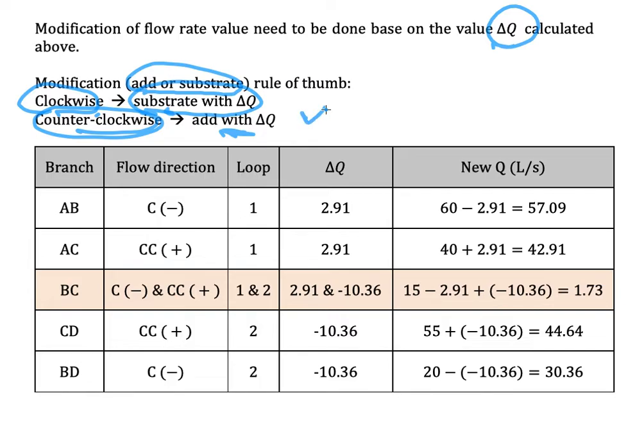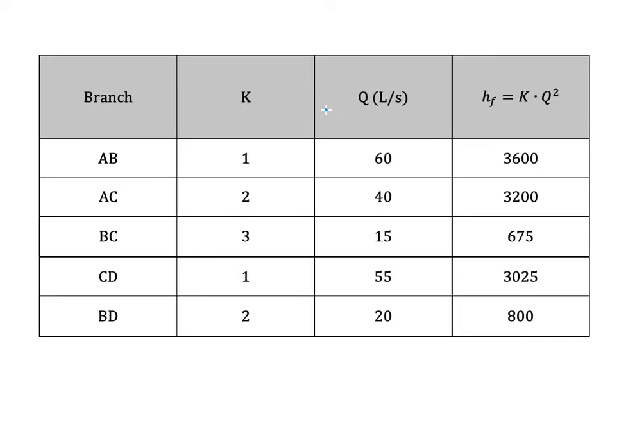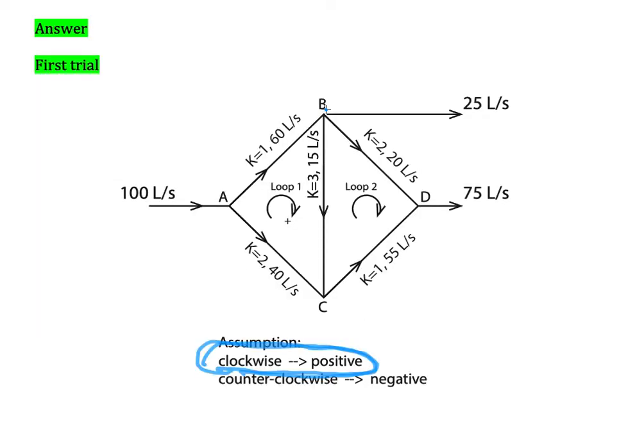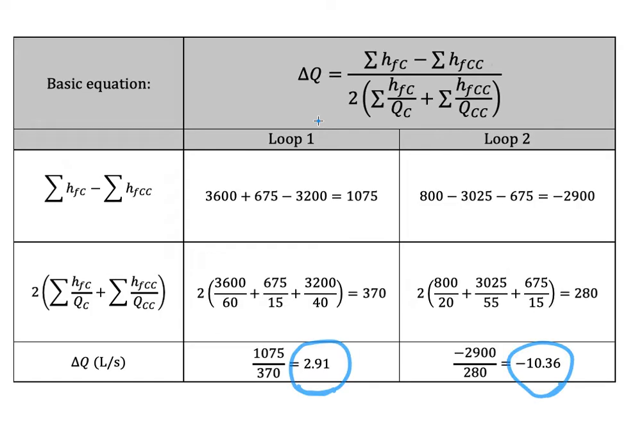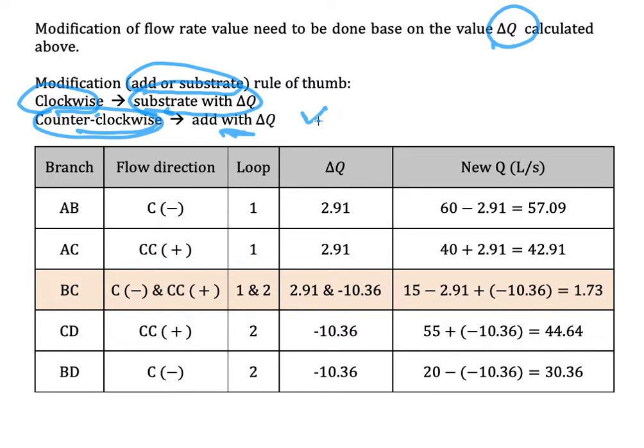So how could we manage this? We need to see the loops here. For example, from here we have the flow, which is clockwise. So that means we need to subtract the value of delta Q. As I said, the AB here is minus.